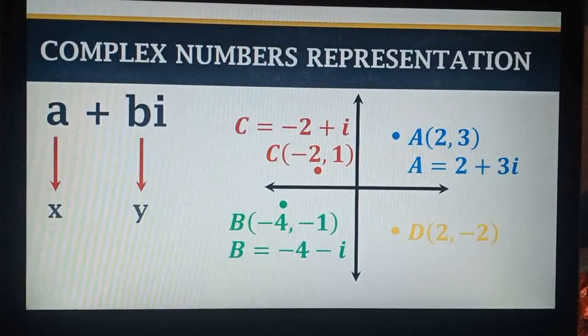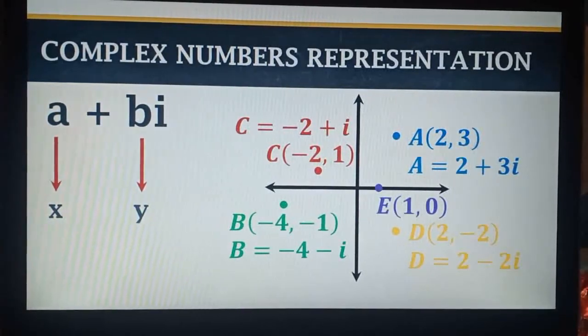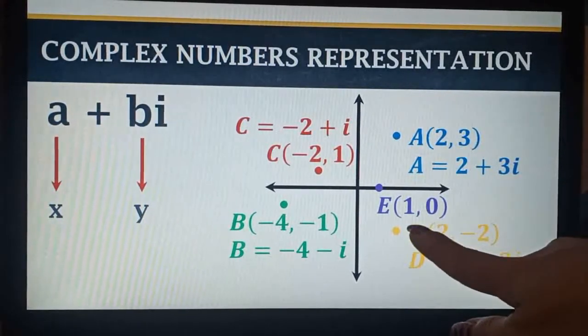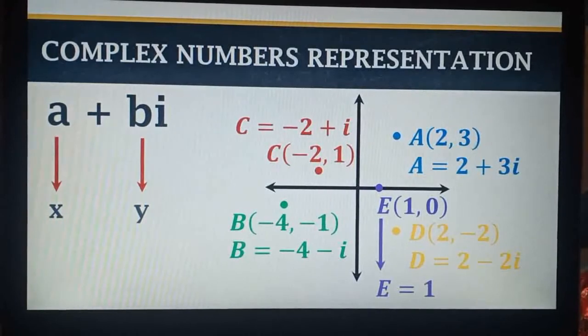Another one is point D, which is 2 and -2. It can be represented as 2 minus 2i. Next is E, which is 1 and 0. The real part is 1 and the imaginary part is 0, so it can be represented as E equals 1.